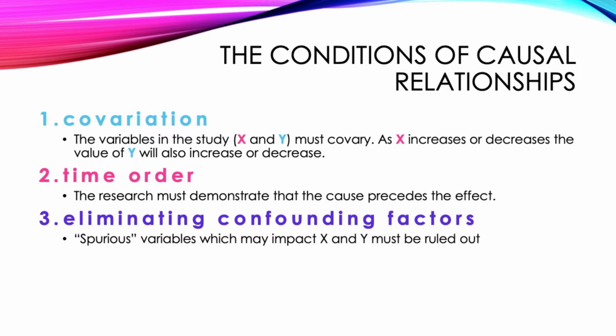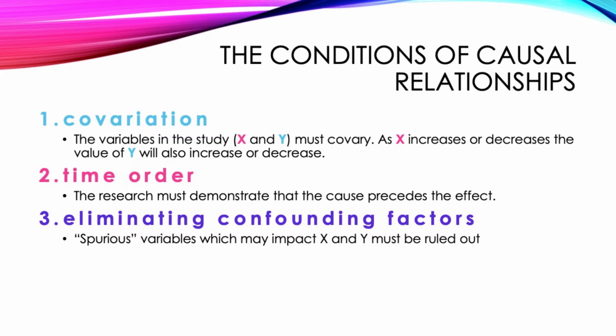So for instance, as X increases or decreases, the value of Y must also increase or decrease. We first have to prove that there is some type of relationship between these two variables before we can even jump to the conclusion that they are causal. So we refer to this as covariation. We must identify at least some type of positive or negative relationship between X and Y.